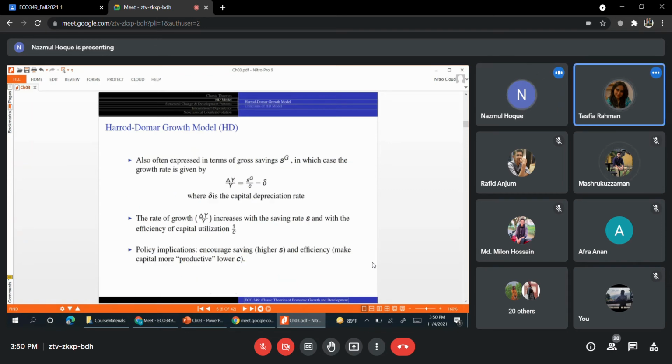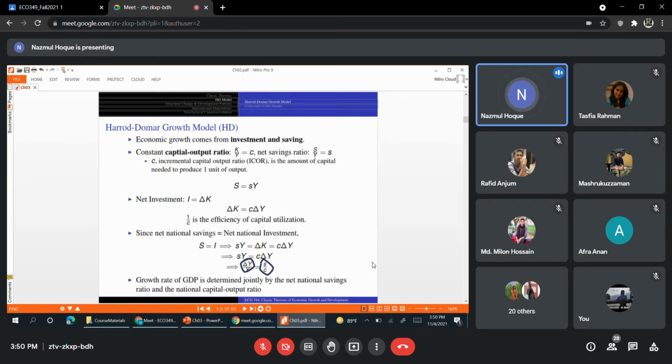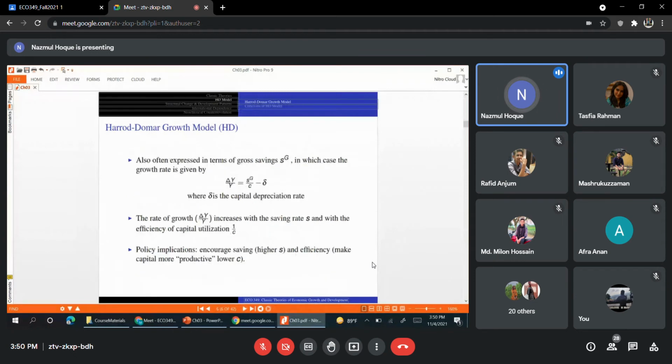No, sir. Okay, so this is the net savings rate we are taking, but we can convert it to the gross savings rate term. That would help us include some additional terms.